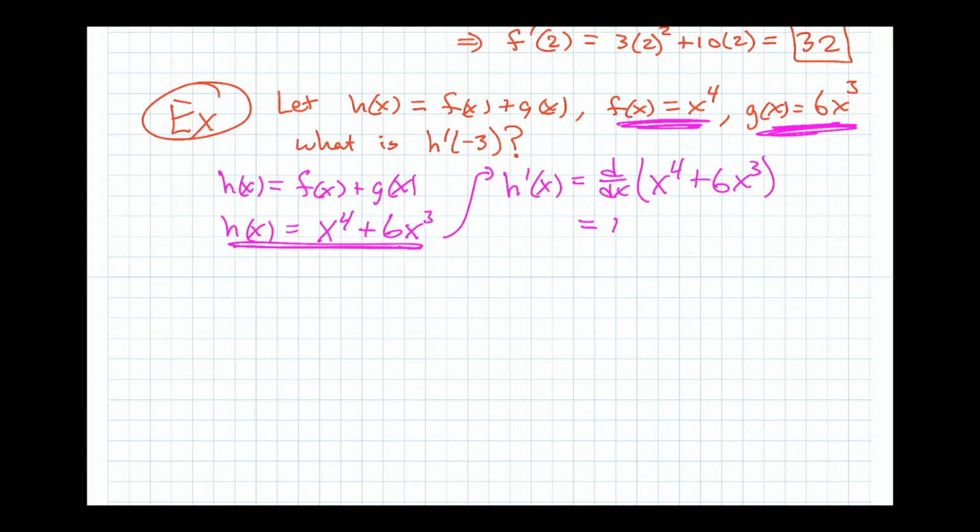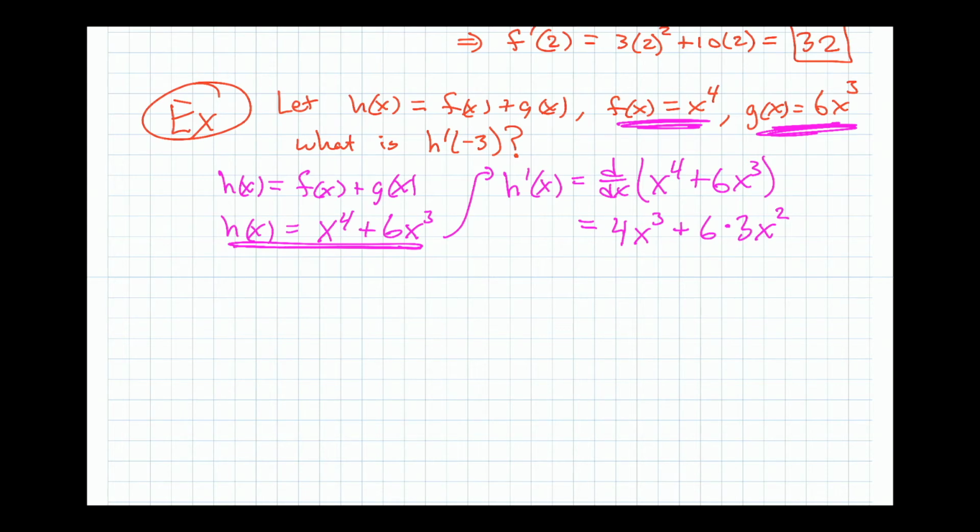You bring the 4 down in front, subtract 1 from the power. So the derivative of x to the 4th is 4x to the 3. For the other one, you have 6, and then the derivative of x to the 3 is 3x to the 2. Okay? There you go.